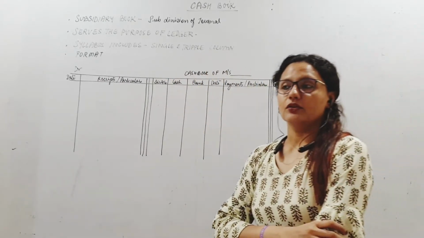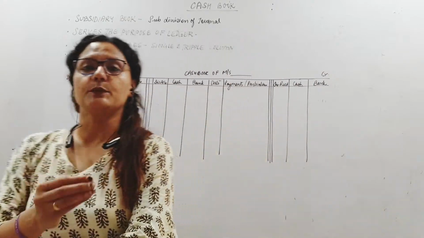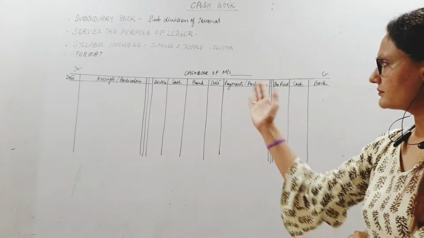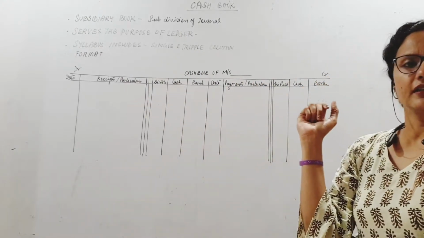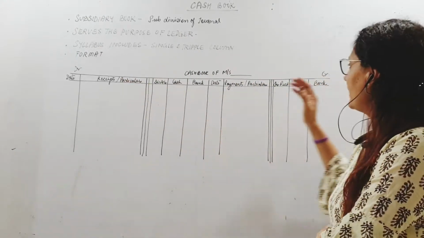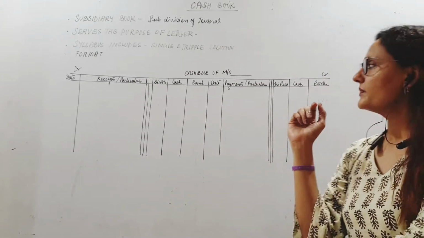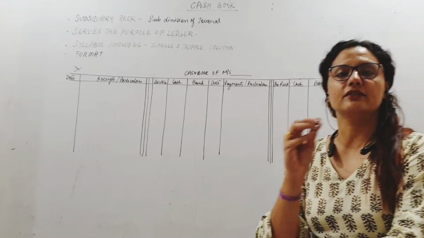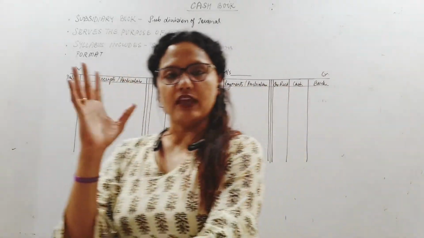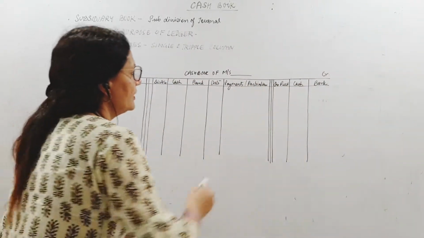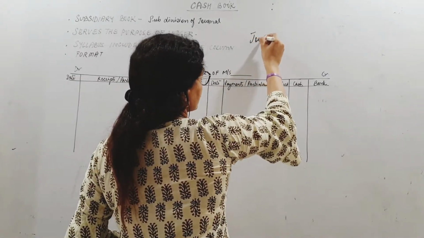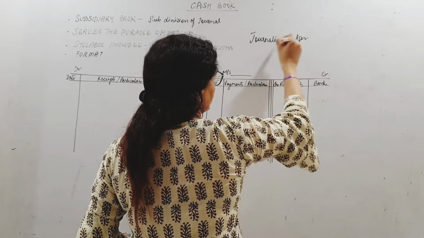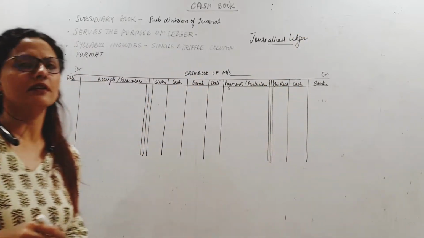It also serves the purpose of a ledger because it is drawn in the form of a ledger account which has a debit side and a credit side. And it always gives us all details of all transactions related to cash and bank in one place. Therefore, cash book is called a journalized ledger also, meaning a journal cum ledger.